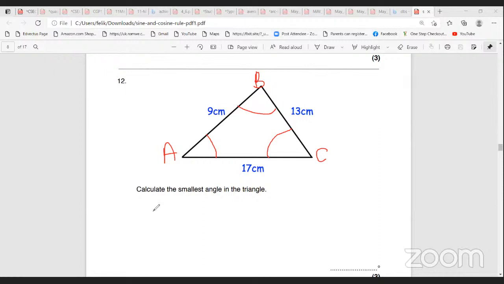Okay, so I'm going to write the question. It's the same approach as we did with the previous question.